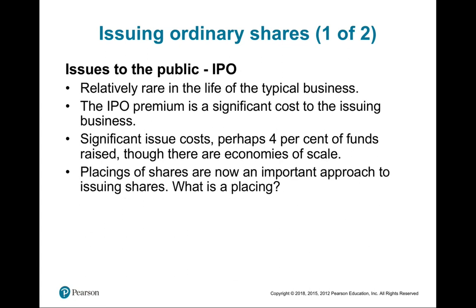Quite often what businesses can do is something called a placing, and I've put there, what is a placing? And placings are very important in the context of issuing shares. And really, what a placing is, it's a placing of groups of shares. So it might be 10% of the shares of one company. And what companies will do is look for what are called large institutional investors.